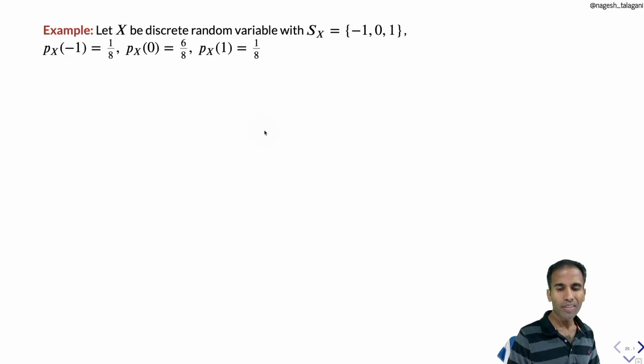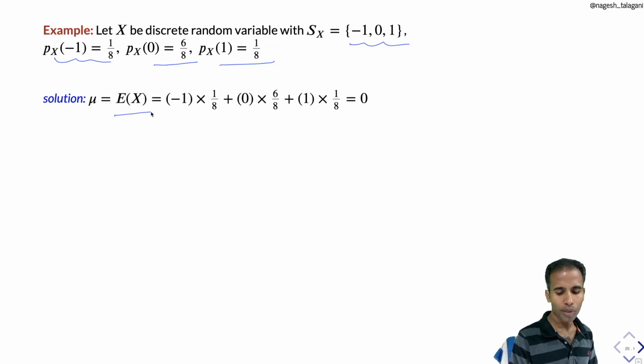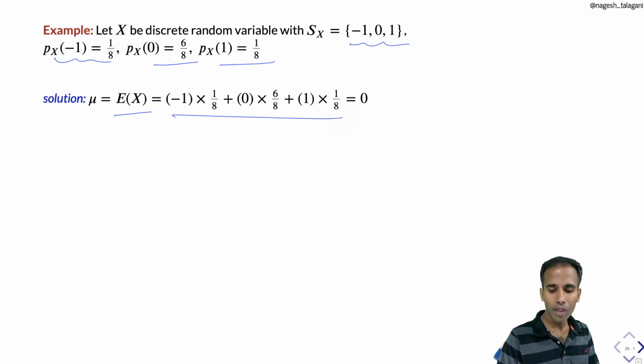Okay, here is an example of a discrete distribution with support -1, 0, 1 and the PMF values at -1, 1 by 8, at 0, 6 by 8, at 1, 1 by 8. Now let us compute the mean and variance first. Here the mean mu is going to be expectation of X, which is 0. Whenever the mean is 0, the variance is the same as expectation of X square, because variance by definition is expectation of (X - mu) whole square.